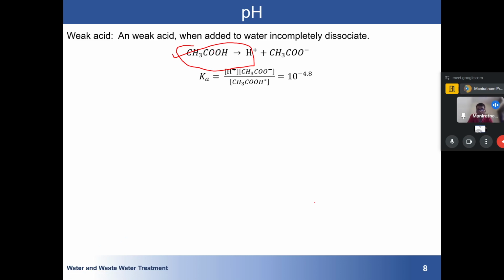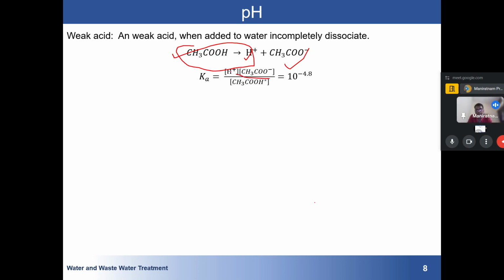So what will happen is that when you add acetic acid in water, it will release H plus and acetate ions. And the acid which I have added will also retain some of its original amount, and that is known as this star thing.